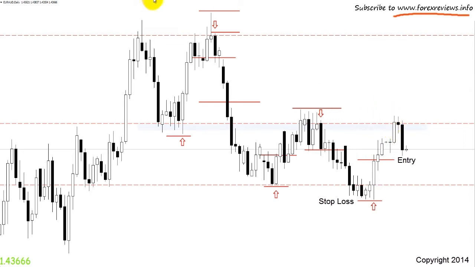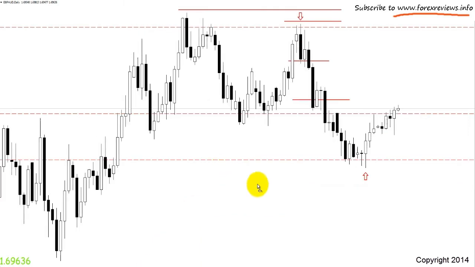So 1-to-1 would have been to about here. And then the second trade, if you were taking this opportunity, you would have gotten out right now. So you're allowing the second trade to run.